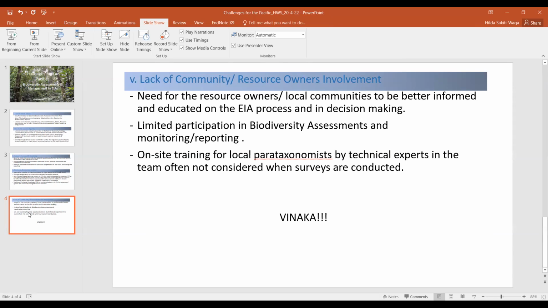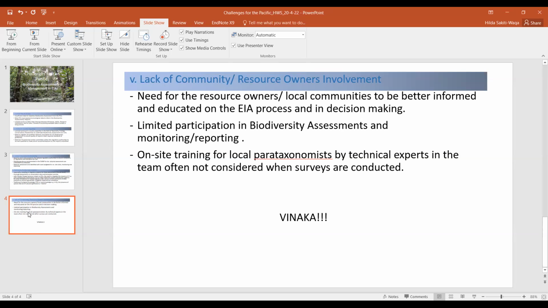Also, we've seen limited participation in biodiversity assessments by the resource owners, and also the involvement in monitoring and reporting. It is also encouraged that surveys, when they are undertaken by technical experts, that local parataxonomists are also included for on-site training while surveys are being conducted.